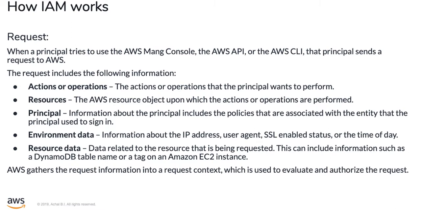So let's understand what a request means. When a principal tries to use the console, API, or CLI, that sends a request to AWS. That request will include some actions and some resources.